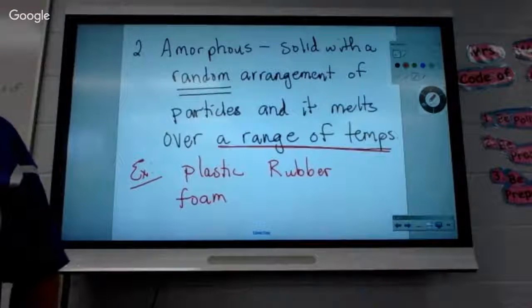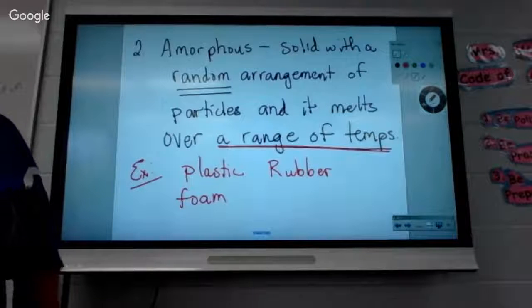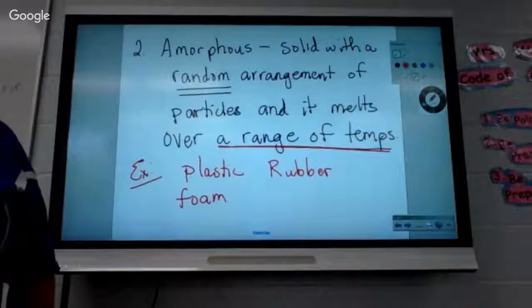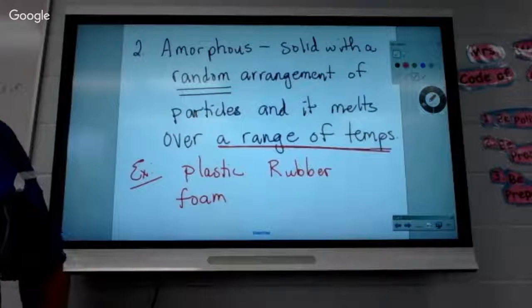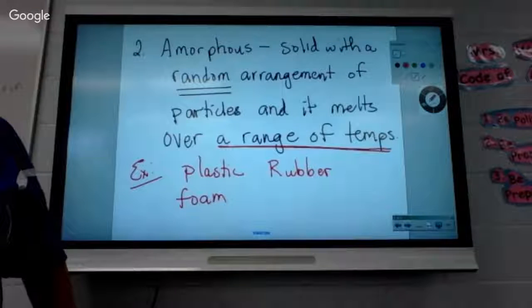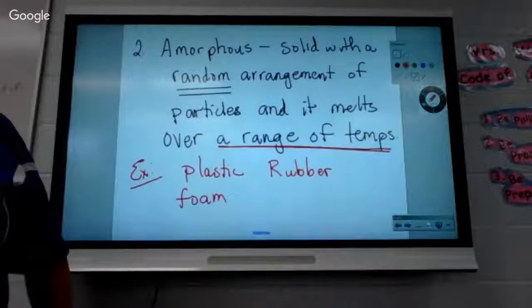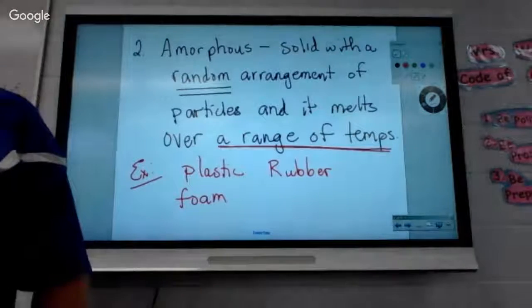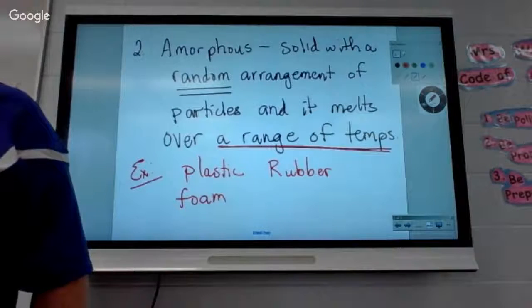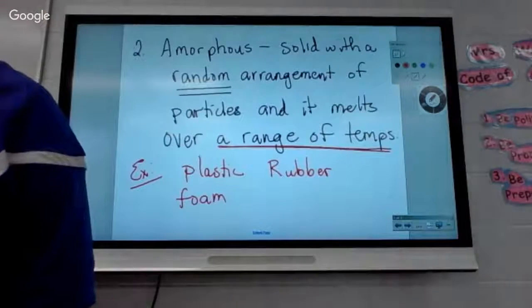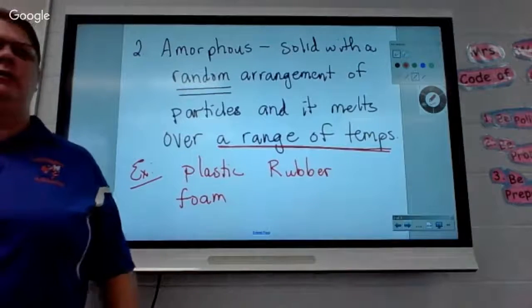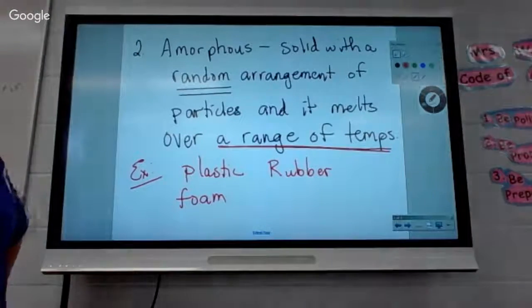What else gets soft when you melt it? Ice cream comes from water. It's gonna be crystalline. Lily said marshmallow. No. I want to say no to that one too.